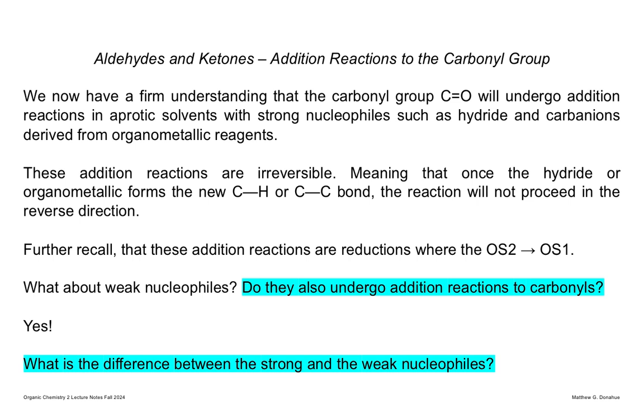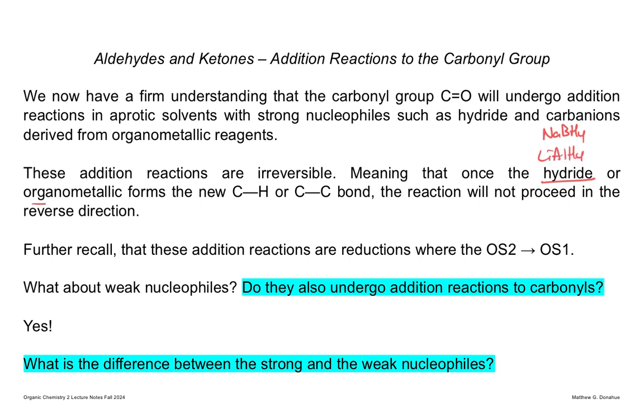So as we saw prior, carbonyl groups undergo irreversible addition with strong nucleophiles. That means overall they're going through a reduction and they're going to form alcohols. We saw that in terms of using hydride reagents like sodium borohydride or lithium aluminum hydride.